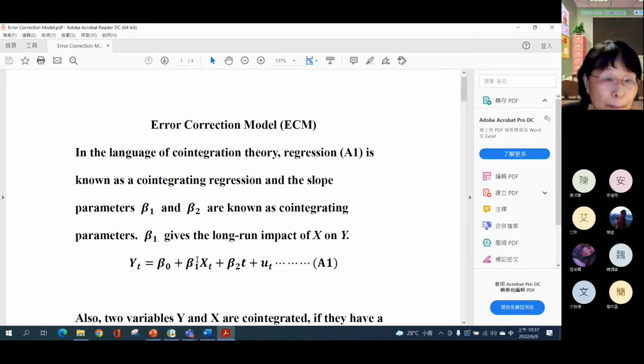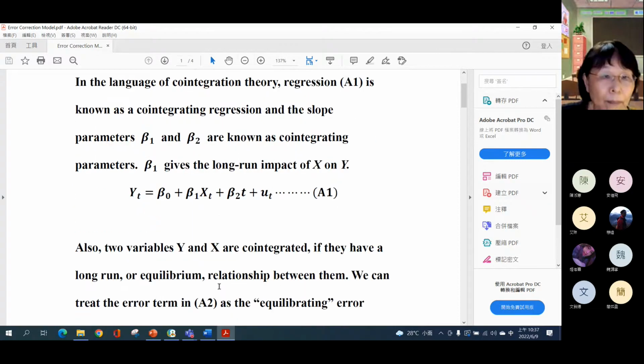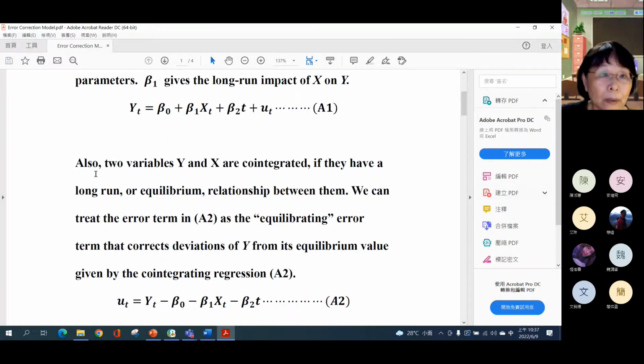We know that beta 1 is what we call the long run equilibrium relationship between x and y. Beta 1 gives the long run impact of x on y. Two variables, x and y, are co-integrated if they have a long run or equilibrium relationship between them.